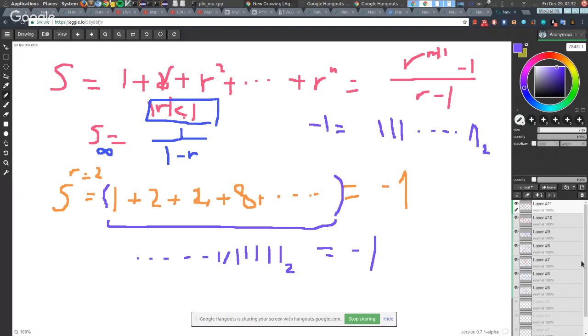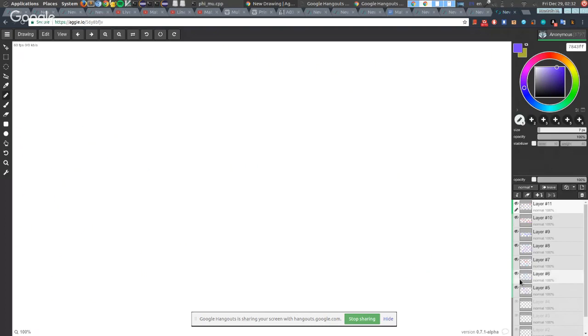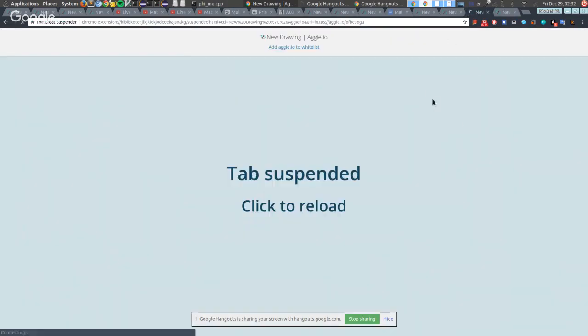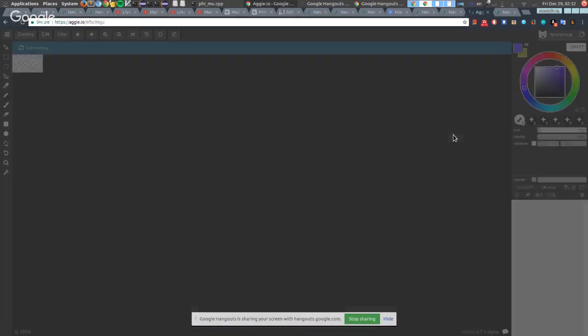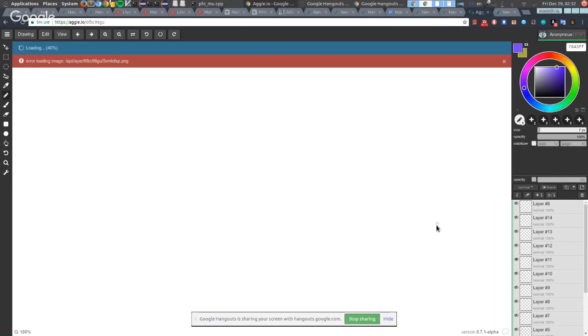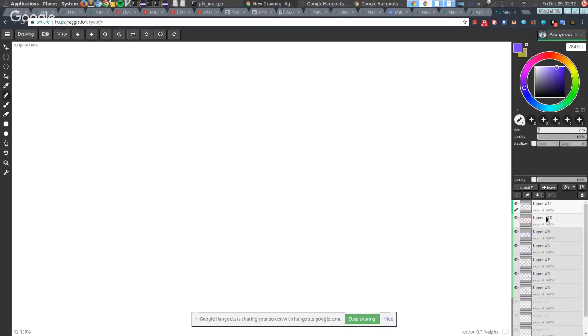So yeah. And also there's something it would be nice to mention. Okay, so there's this trick which I used to try to compute this summation earlier.